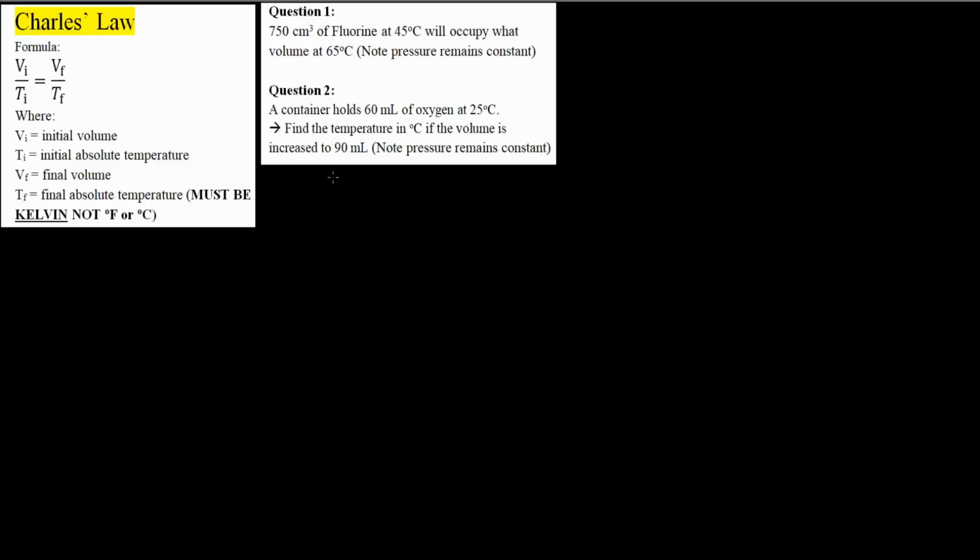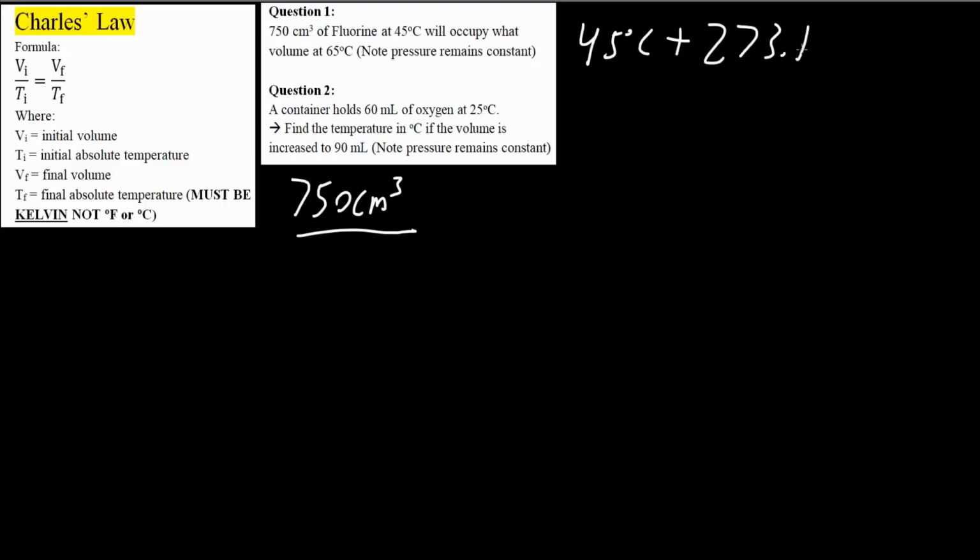So we know volume of initial as 750 centimeter cubed. This will be divided by our initial absolute temperature in Kelvin. And so to convert from Celsius to Kelvin, it's pretty simple. It's 45 Celsius, what we have, plus, it's a constant, always 273.15.